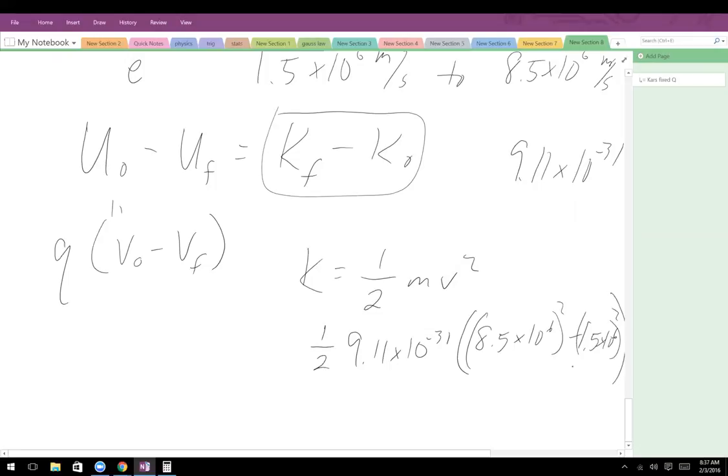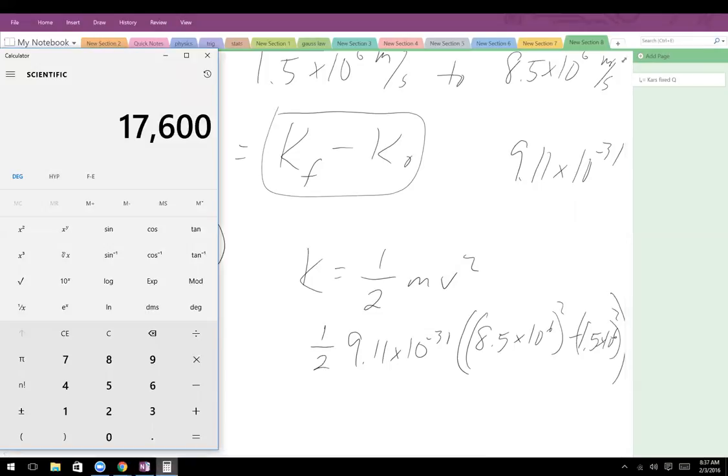Okay. Let's run the calculator. 8.5 squared minus 1.5 squared is 70, and that's times 10 to the 12th. Well, we're going to do the other part.